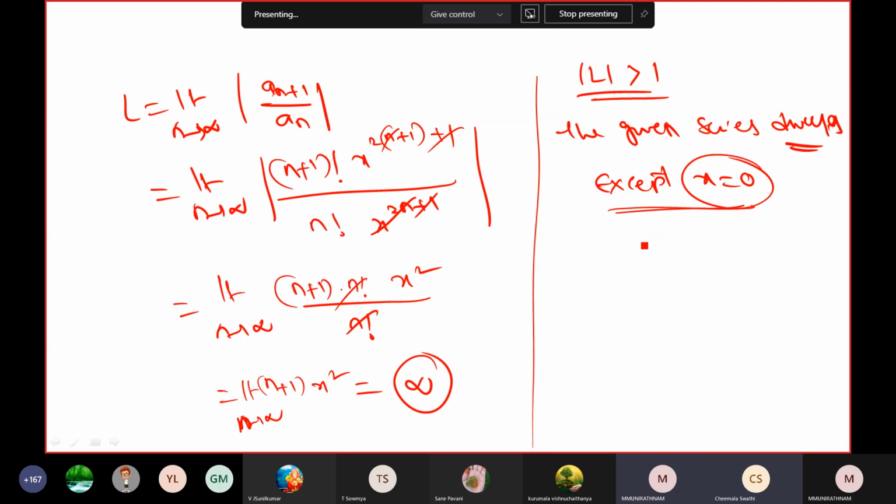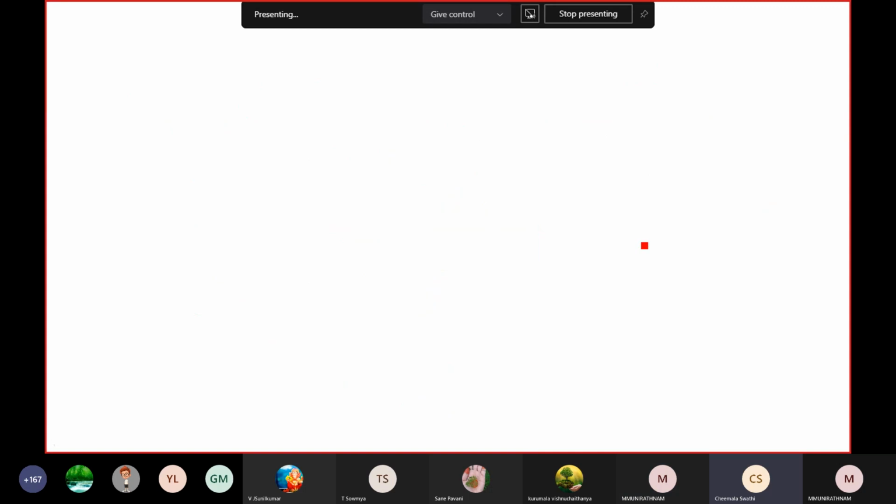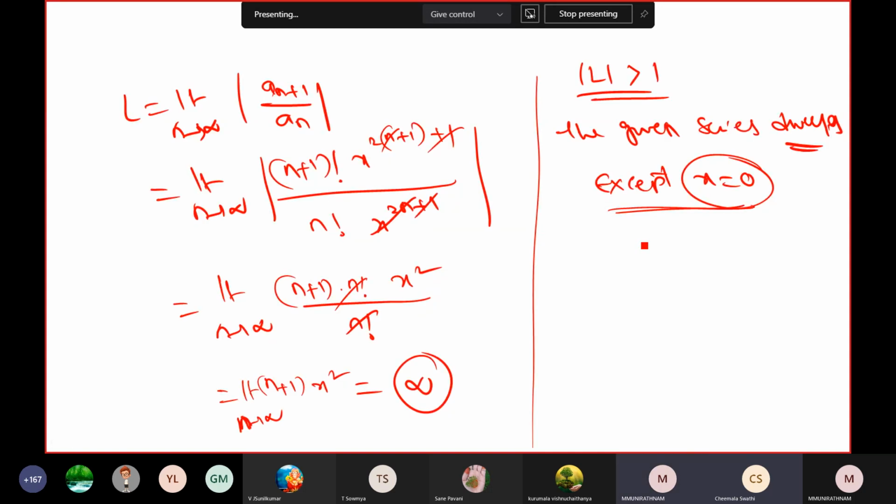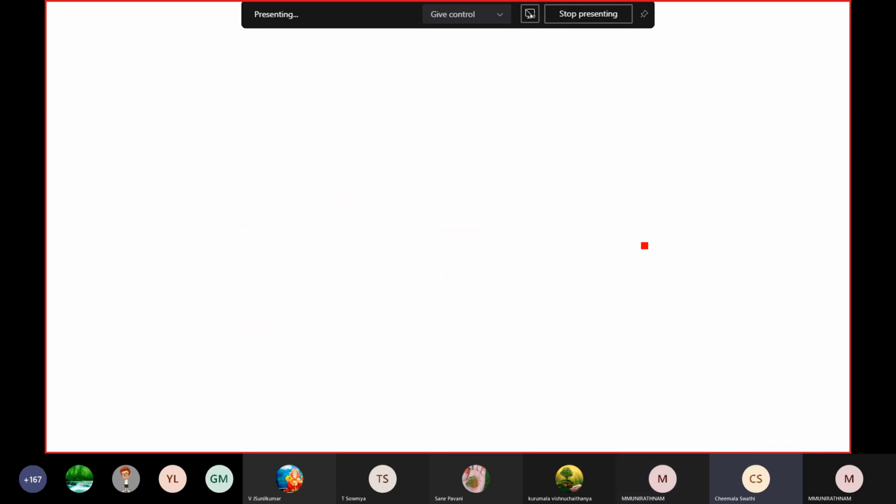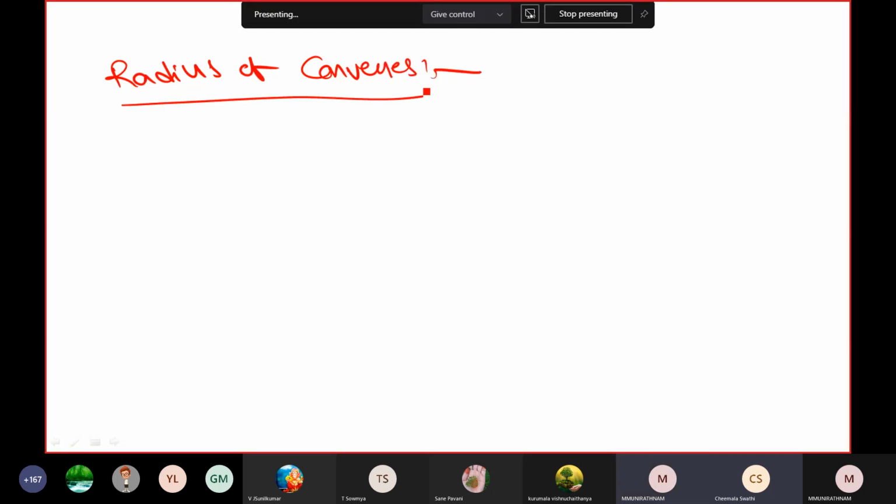Now రాసుకున్నారా చూడండి. Now we are going for a very important concept, radius of convergence. On which radius it converges, for what values of x it converges.